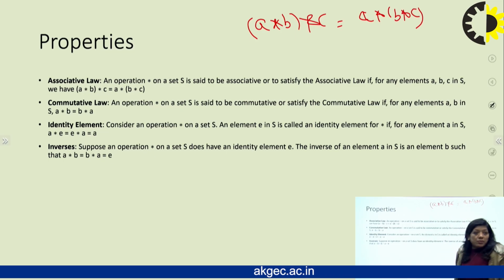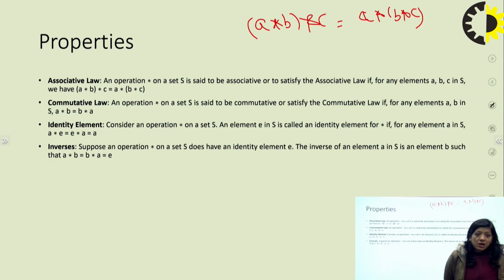An operation of multiplication on a set S is said to be associative, or to satisfy the associative law, if for any elements A, B, C in S we have (A cross B) cross C is equal to A cross (B cross C).